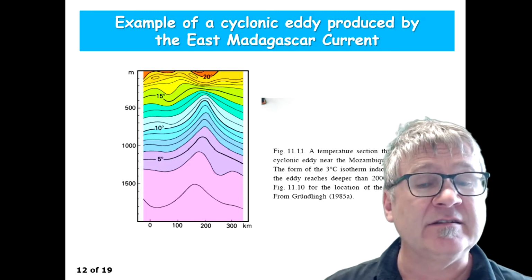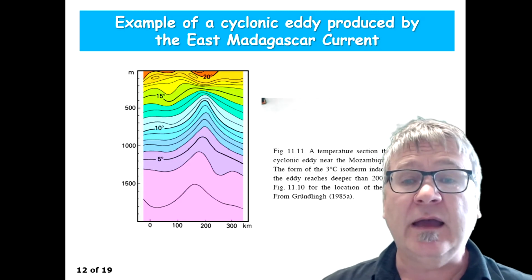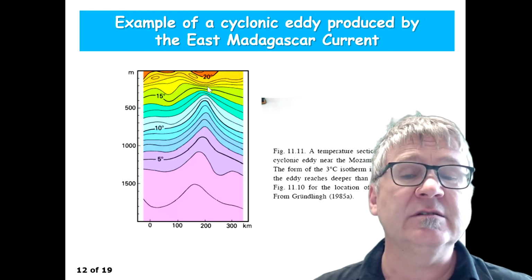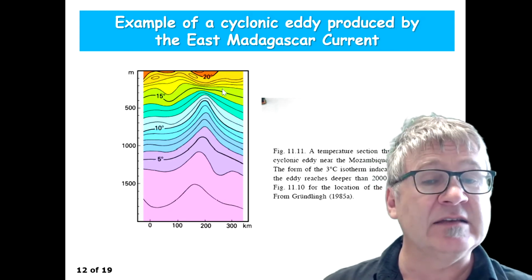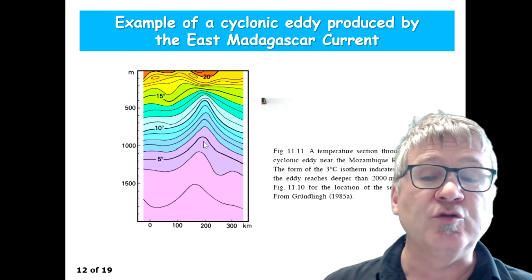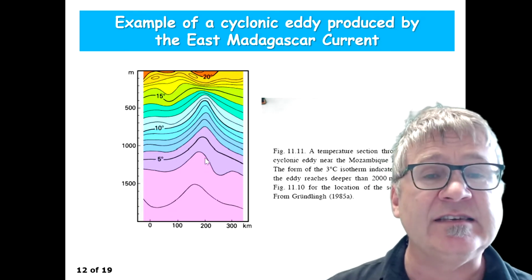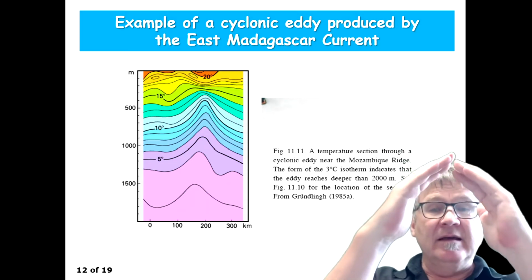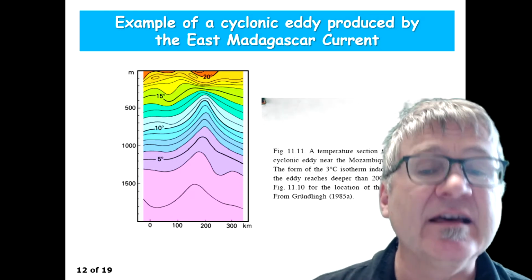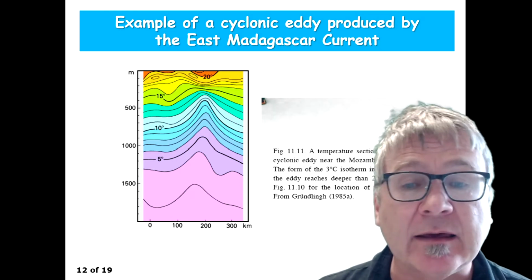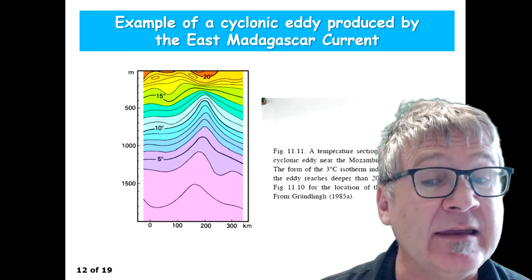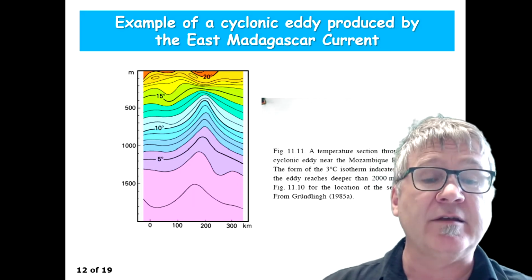This is the temperature field, and you can see near the surface there is a 20 °C spot, so it has a higher temperature near the surface, and down to 1,000 meters you can actually see upward bending isopycnals. So what this eddy does is it produces an upwelling of isopycnals. This is an upwelling eddy over quite a depth range.